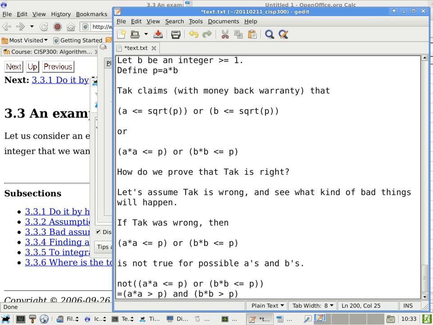Yes. Okay, is everybody convinced of this? Let me just say that again. It is not the case that A times A is less than or equal to P, or B times B is less than or equal to P. In other words, the entire disjunction is getting negated. To say this is really saying the same thing as A times A has to be greater than P, and at the same time, B times B has to be greater than P. Are we convinced of this or not?